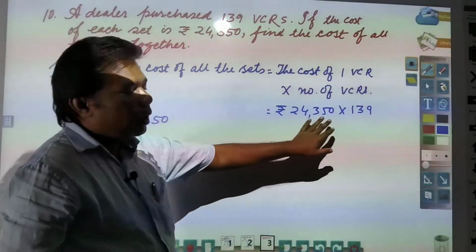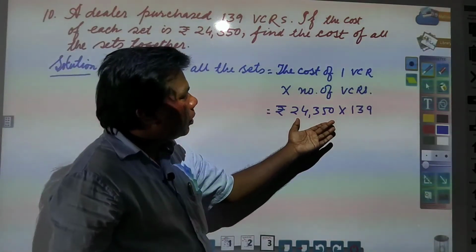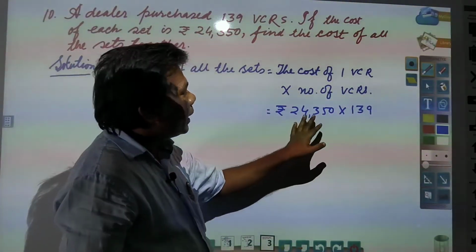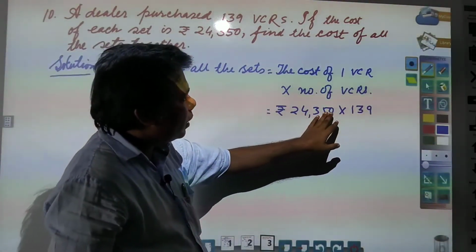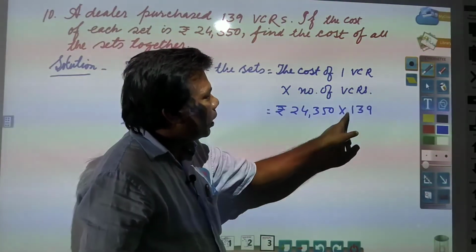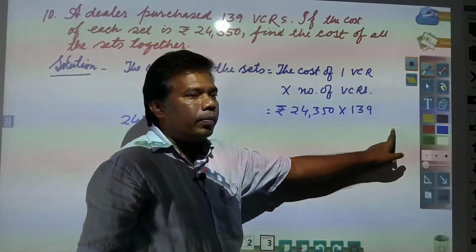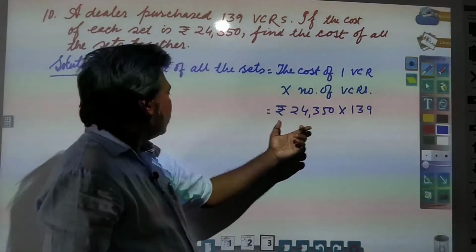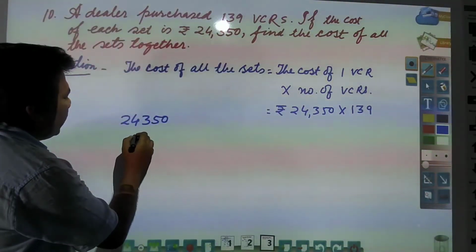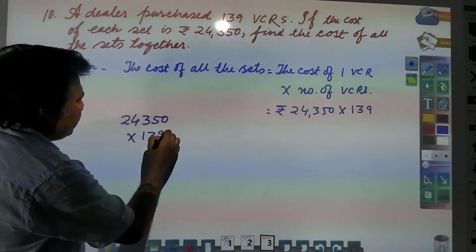Either directly you can multiply, or again the distributive law can be applied. So it can be written as 24,350 into 139, and 139 can be written as 100 plus 39, and then it can be simplified, or directly you multiply with 139.